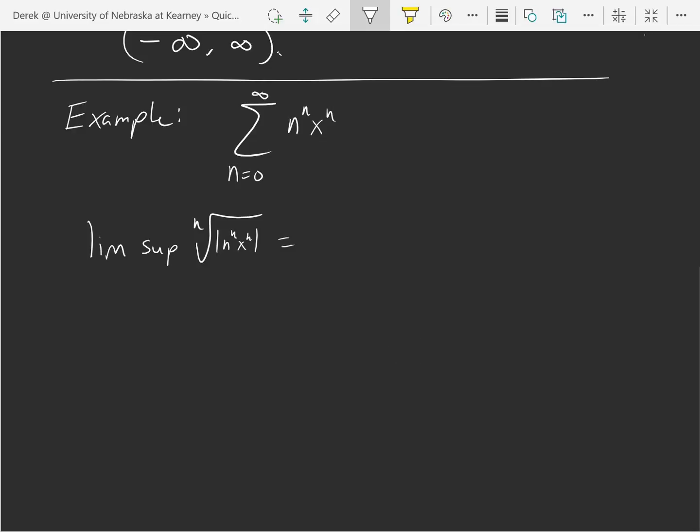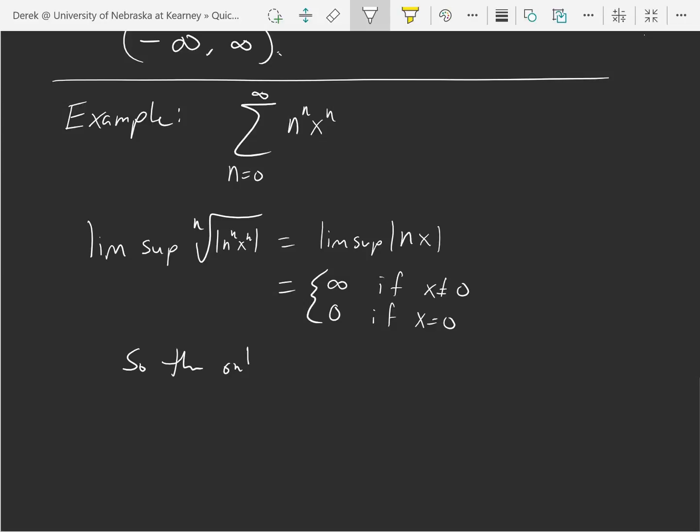This is equal to the lim sup of n times |x|, and that's equal to infinity if x is not equal to 0, and 0 if x equals 0. So the only point of convergence is x equals 0.